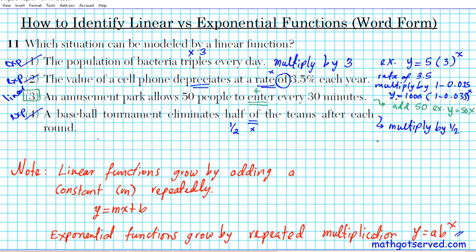Let's say there were 100 team members to start. So it's going to be y equals the initial amount 100 times the decay factor, which is 1/2, raised to the x power. As you can see, this is a representation of an exponential function. That's why it doesn't fit the description. So the answer to number 11 is option number 3.